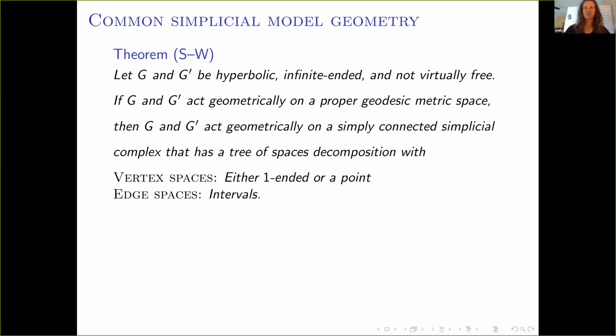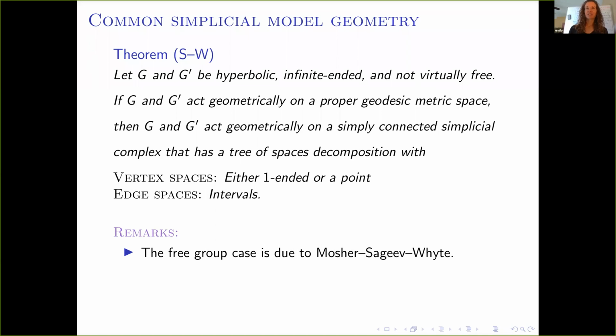Okay, so a few remarks on the three hypotheses on the groups G and G prime before I explain how you build a simplicial complex. The first remark is that the case that the groups G and G prime are virtually free is due to the work of Mosher, Sageev, and Wise. They proved if two virtually free groups act on the same space, then they actually act on the same tree.